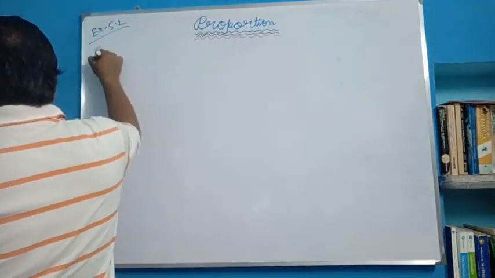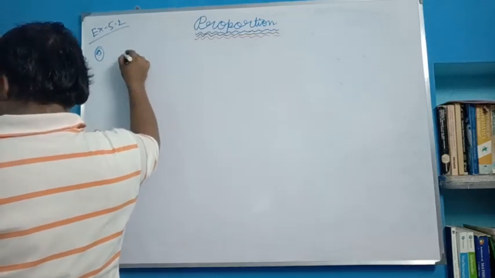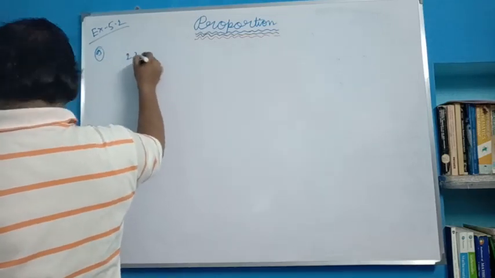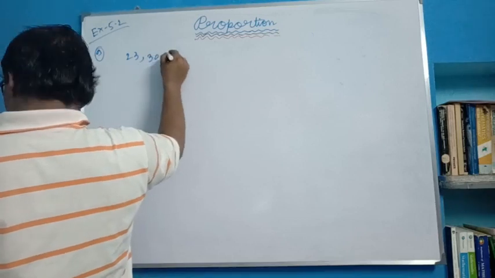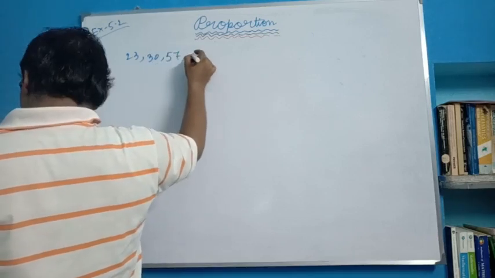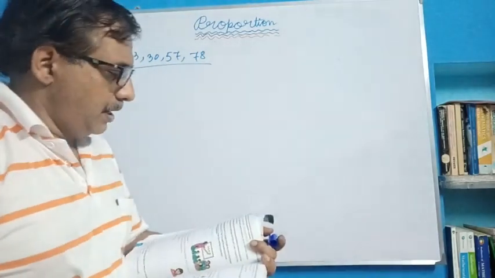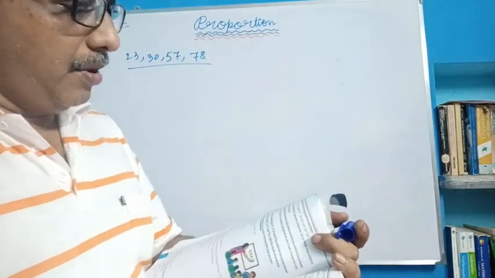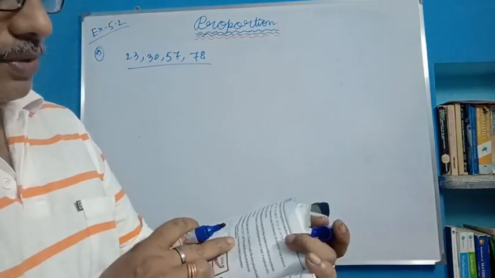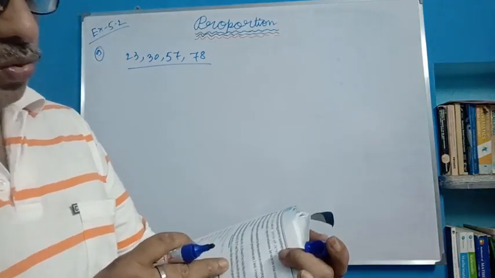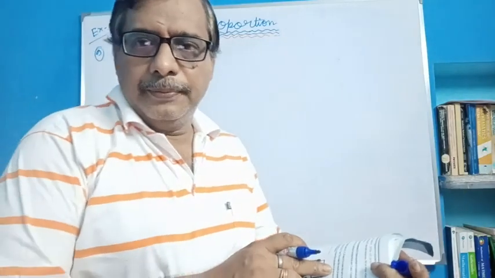Question number 9. Each of 23, 30, 57 and 78. Let us find what should be subtracted from each of 23, 30, 57 and 78 to make the result proportional.